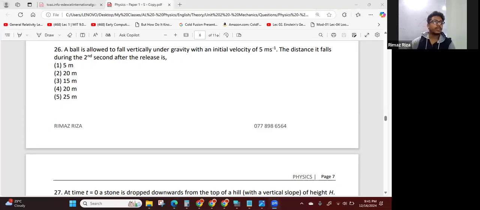Okay, so here we can simply apply vertically downward s equals ut plus half at squared. So s equals initial velocity 5 into time.